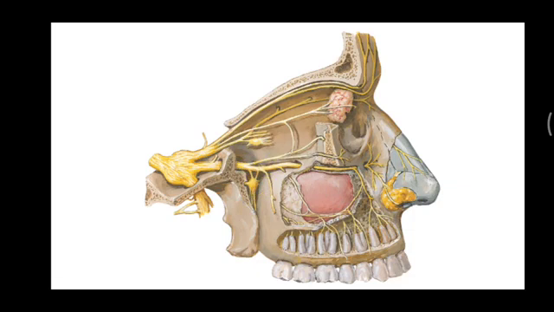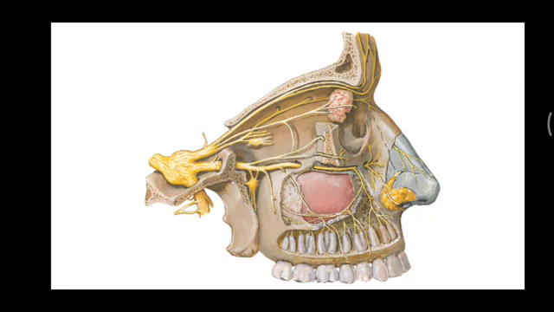And then it lodges in a groove on the upper part of the posterior surface of the body of the maxilla, to enter into a groove over this region, that is the infraorbital fissure, inferior orbital fissure.